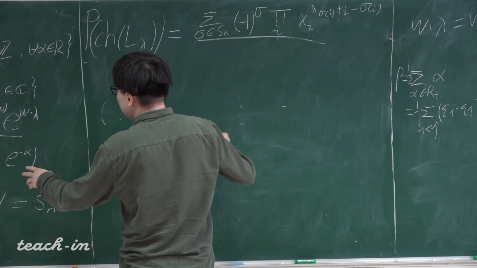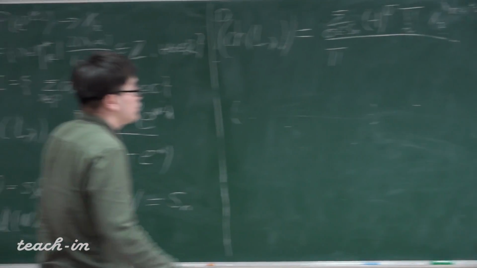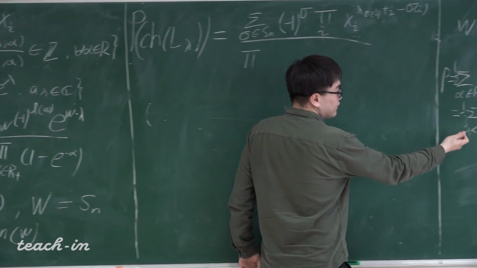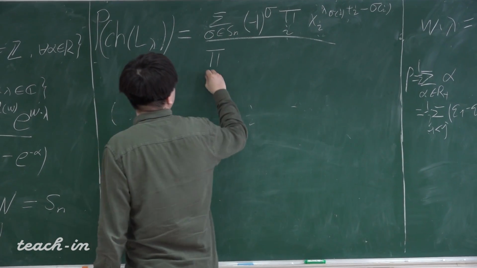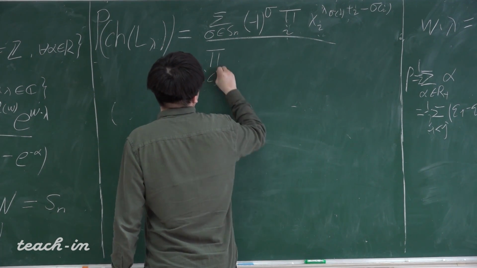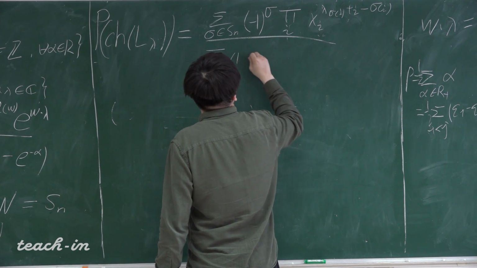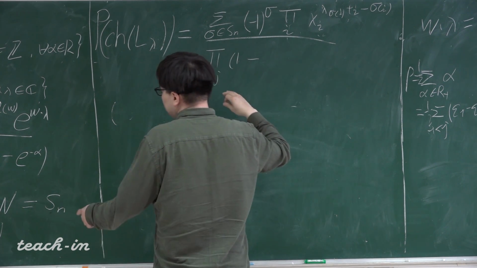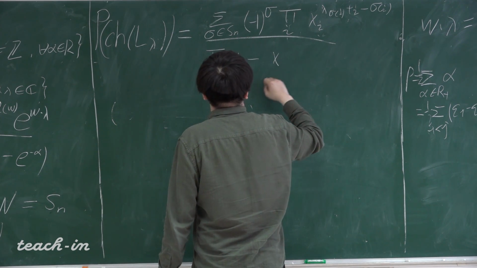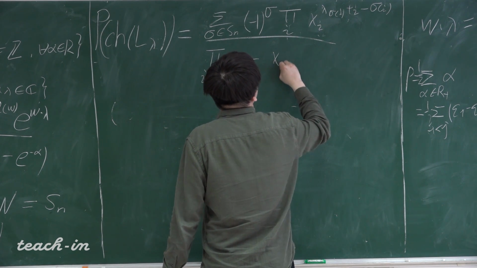And also here, this should be the positive root, but the positive root is very simple. So it's 1 minus the positive root, xj divided by xi.